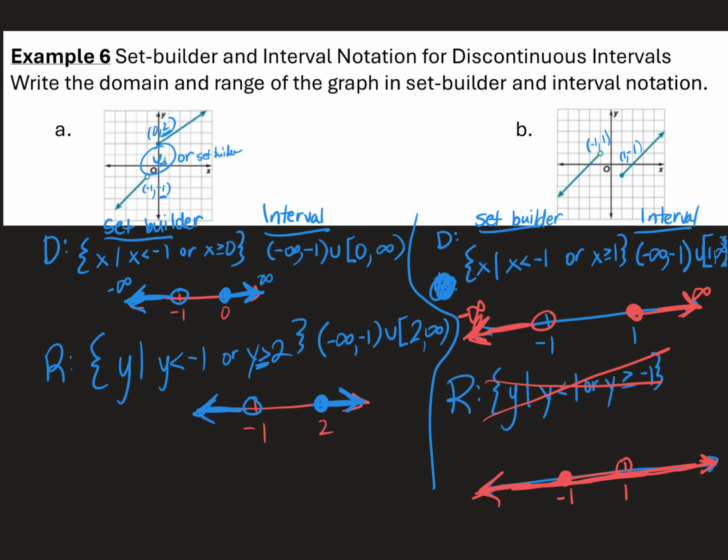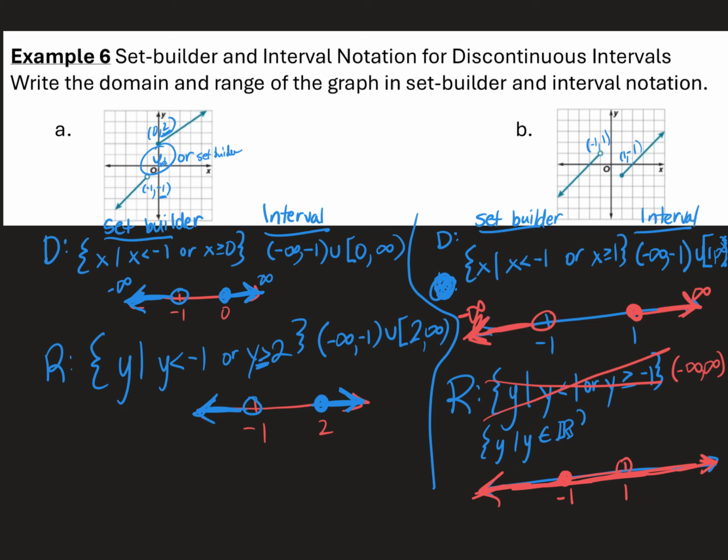That's not necessarily wrong what I just crossed out, but all the numbers from negative infinity to positive infinity are our range. So cross that out, don't X it out, so that you can look back at it. Our range is actually y such that y is an element of the set of real numbers.